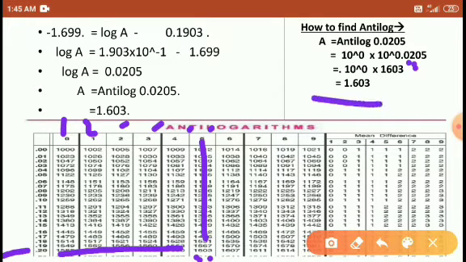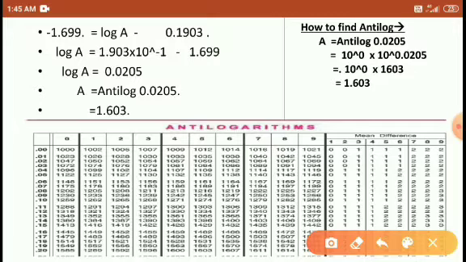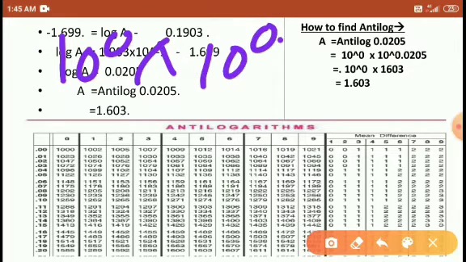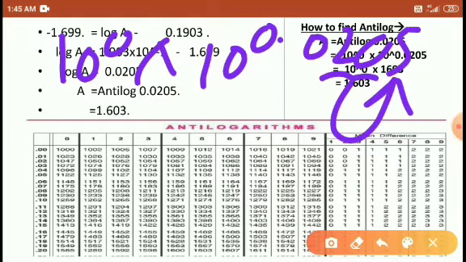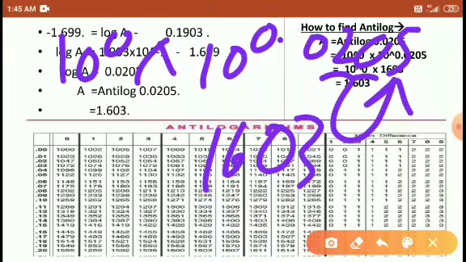So 10 to the power of 0 into 10 to the power of 0.0205: 20th row, 5th column becomes 1603, and 10 to the power of 0 is there.